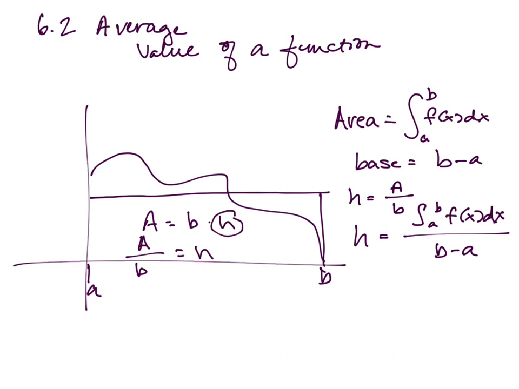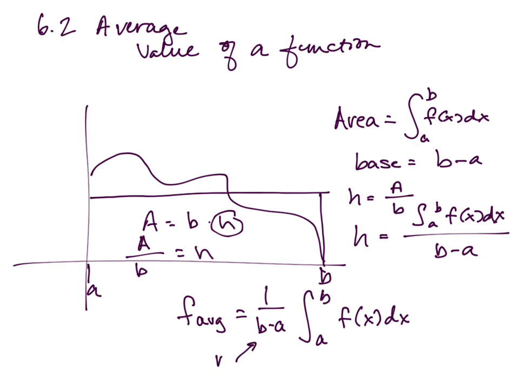And the way that they write it in calculus is we can say the average height, f average. Average height of the function is equal to 1 over b minus a times the integral from a to b of f of x dx. This 1 over b minus a, this is the same thing as saying divide by the base.